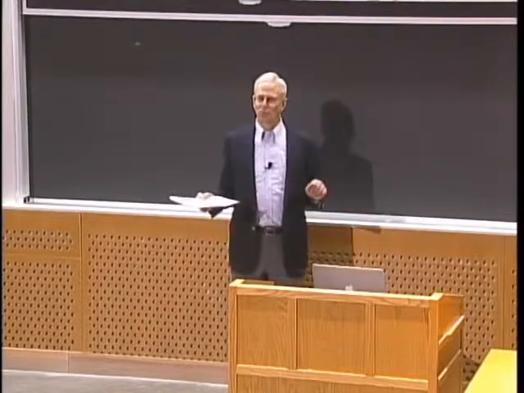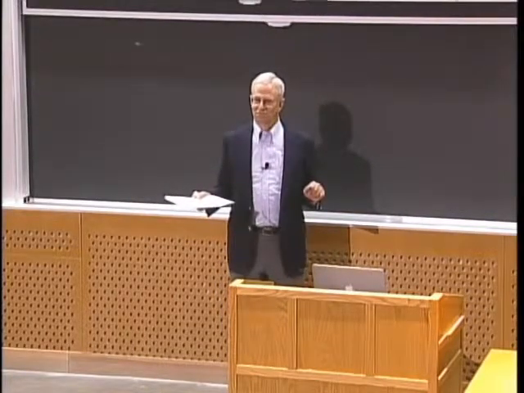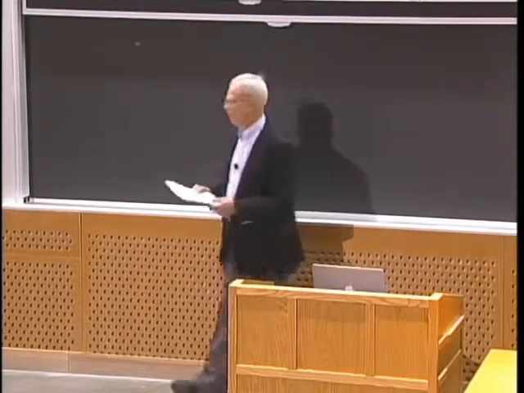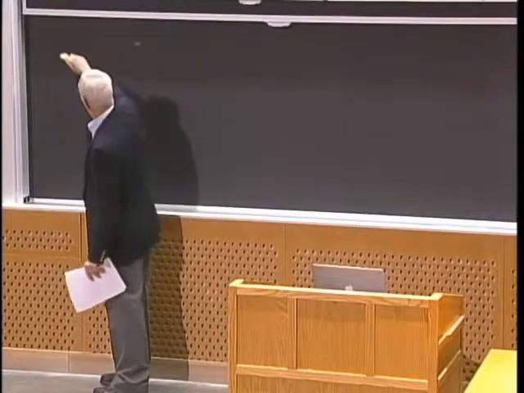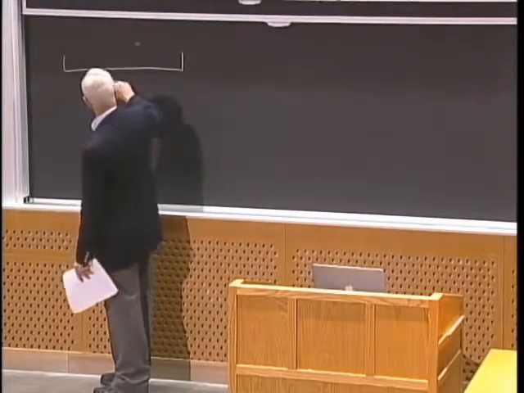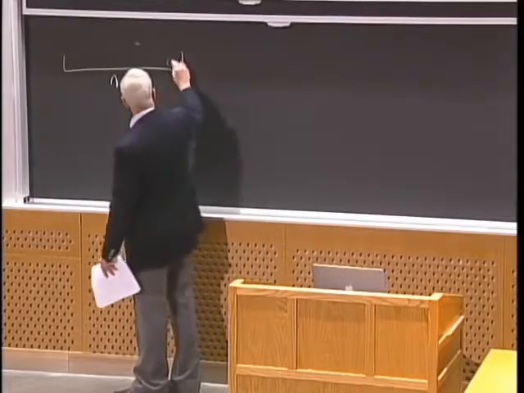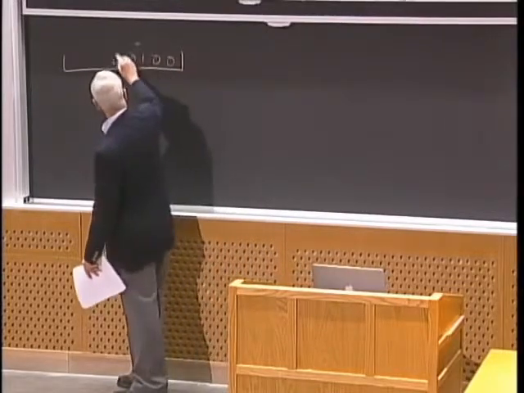We've asked this question before. What's the answer? Somebody shout it out. I've got a vector of length n. Every value in the vector is either a 0 or a 1. So maybe it looks something like this.